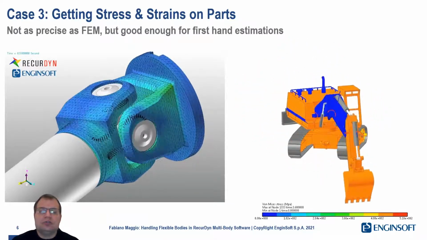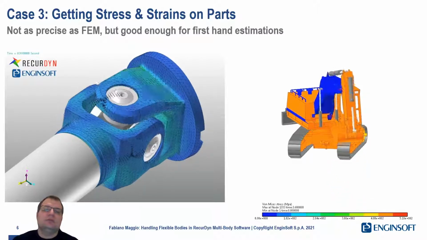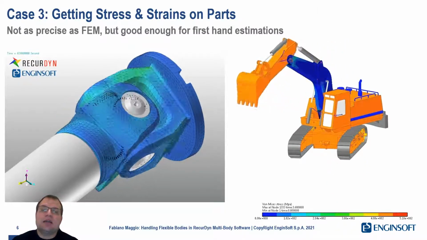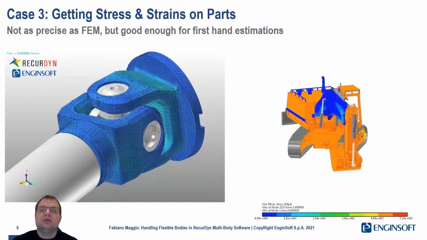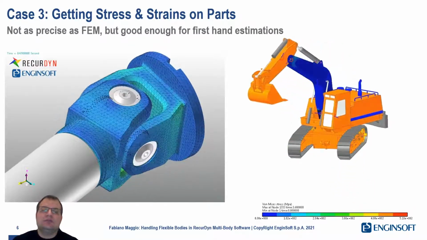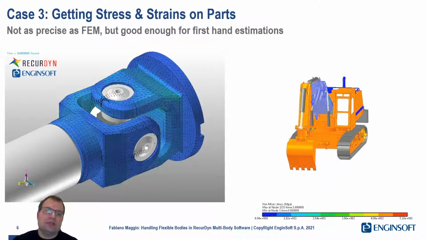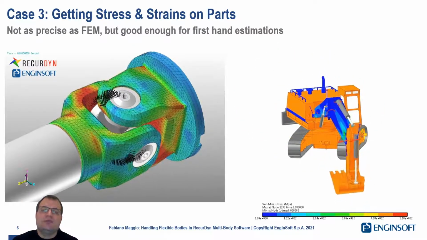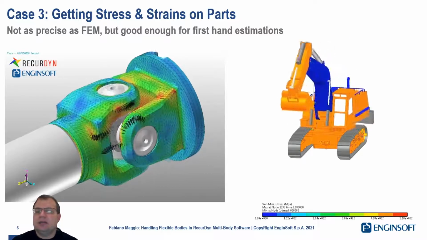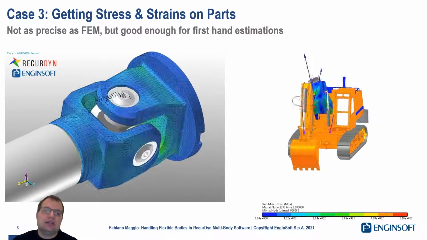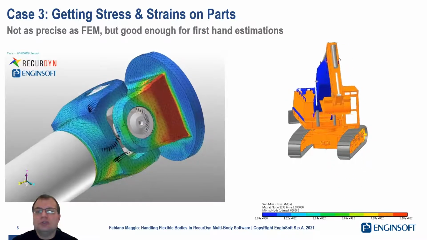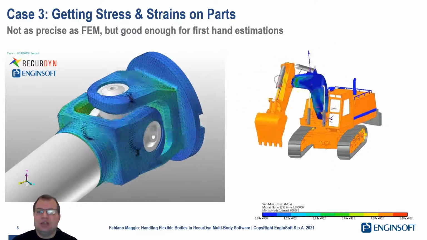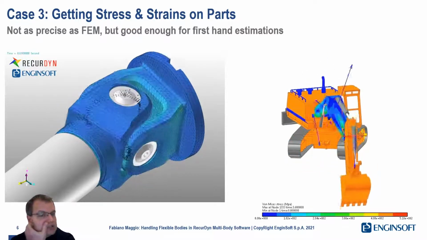It's important to remark that the dynamics can amplify up to 10 times or even more the internal loads and the stresses that you can get on flexible bodies. So performing flexible multi-body simulation is not just a check. It's important to get the loads to use later for finite element refined analysis.